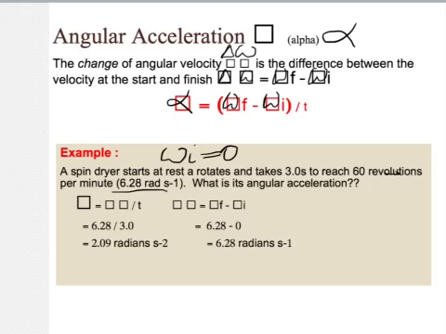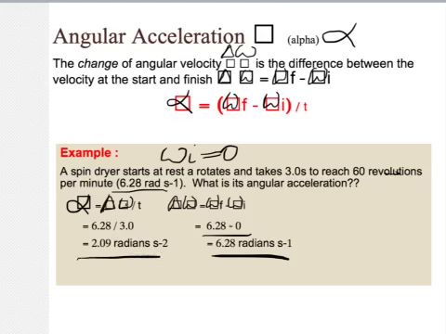So we can write down our change of angular velocity as omega f minus omega i, 6.28 minus 0, which is the same as the final angular velocity. We plug that into the equation alpha equals delta omega over t, and divide that 6.28 by 3, we get 2.09 radians per second squared.